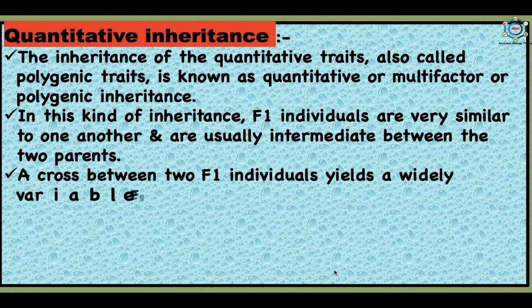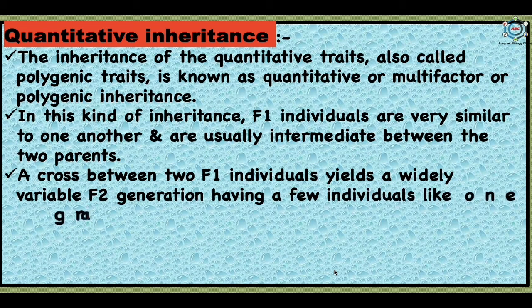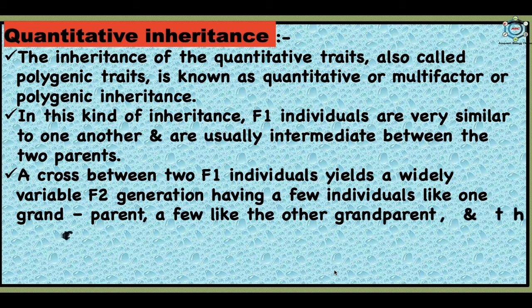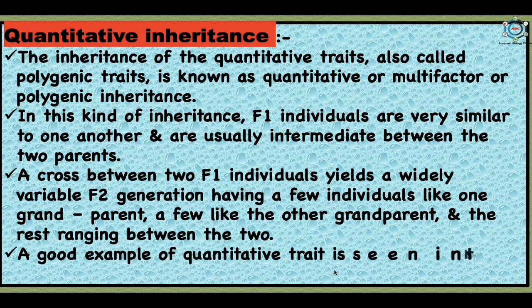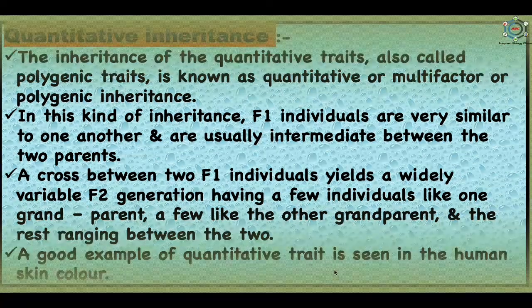A cross between the two F1 individuals yields a widely variable F2 generation having a few individuals like one grandparent, a few like the other grandparent, and the rest ranging between the two. A good example of quantitative trait is seen in the human skin color.